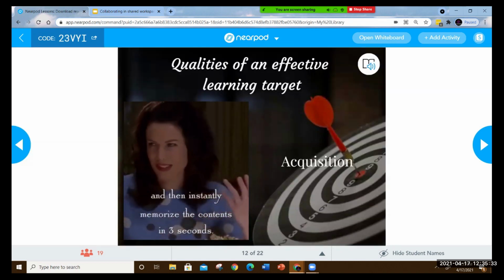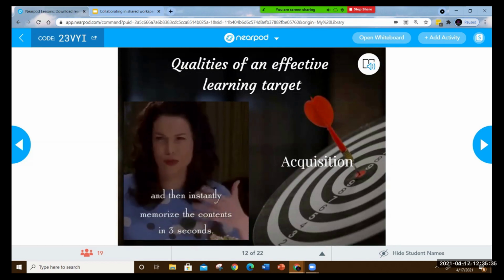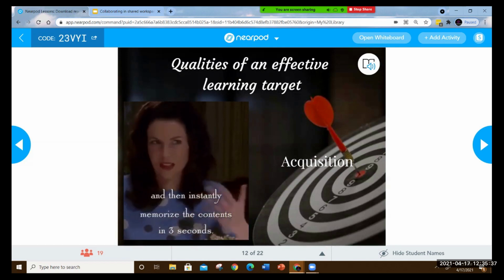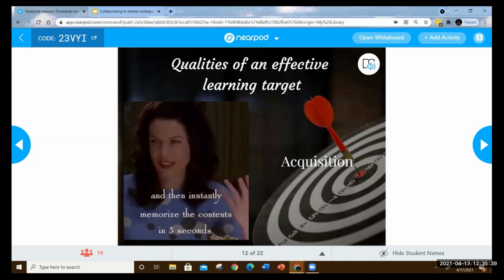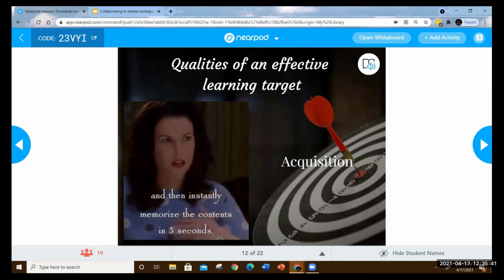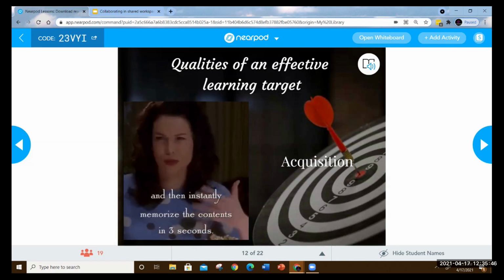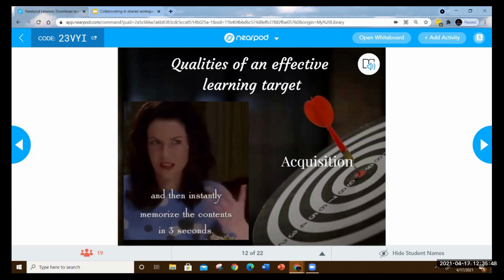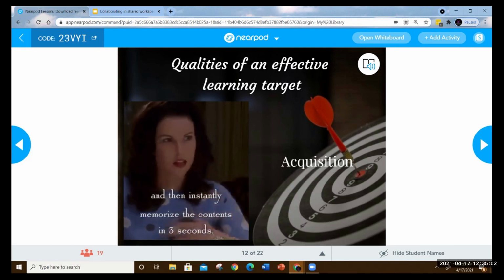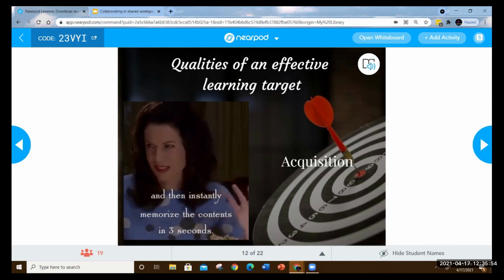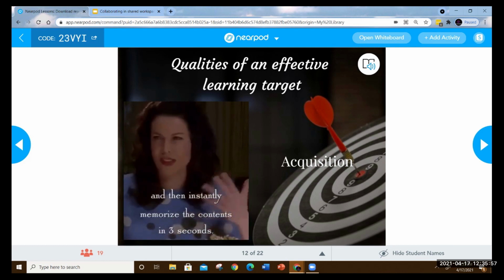There has to be an acquisition element in your target. In other words, they can define something. They can identify it. They can memorize it. It's the simple recollection of facts. Like, how are they getting the information when you're giving them the new information? Like, students will listen to an audio recording. That's how they're going to acquire it.